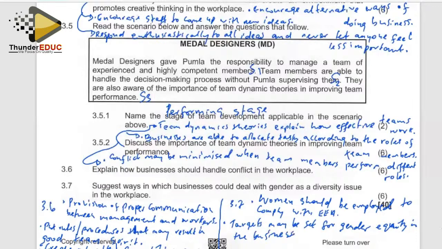Okay, right? And then you also say that new appointments should be based on skills and ability.